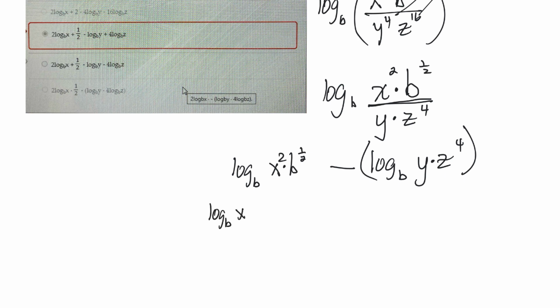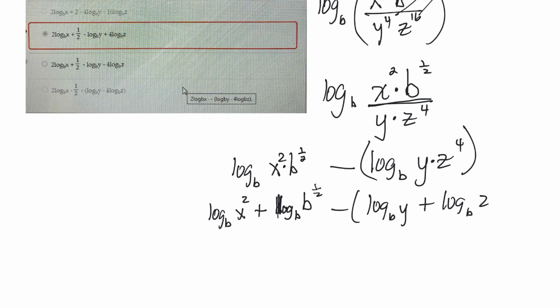Log base b of x squared plus log base b of b to the 1/2. Oh, same base, we'll be able to do something with that later. Minus log base b of y plus log base b of z to the 4th. Dirty, rotten, filthy, stinking negative, those guys right there. You've got to be careful with them.